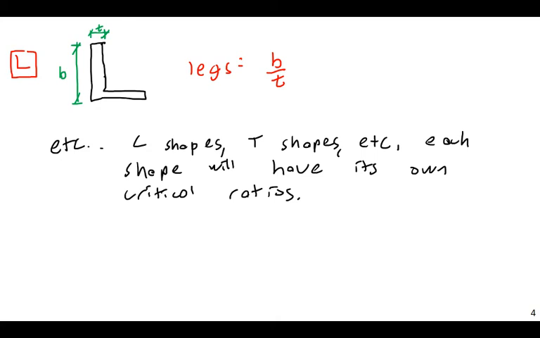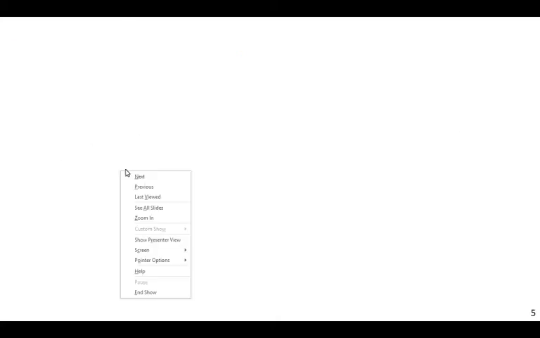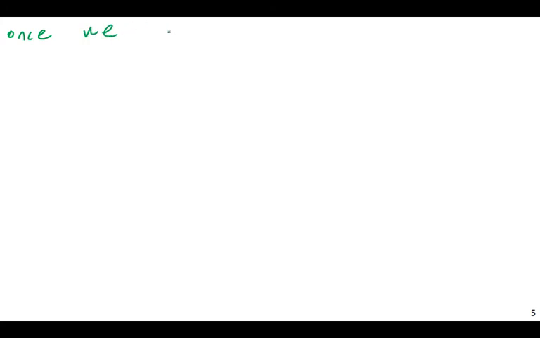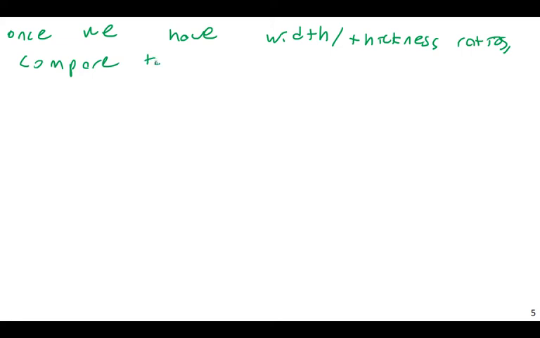Well, we compare them again to our lambda p, lambda r, etc. So once we have our limiting width to thickness ratios, we'll compare them to our lambda p and lambda r.